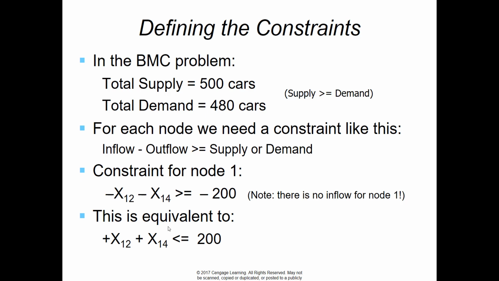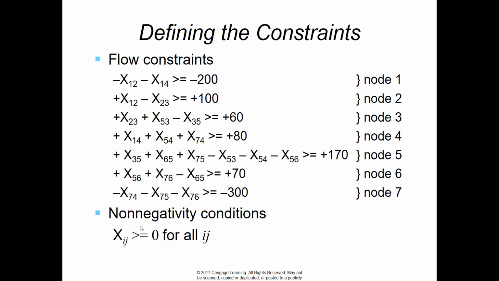So let's talk about one more node, node 2. In node 2, the inflow is x12 and the outflow is x23. So x12 minus x23 should be greater than or equal to 100. That's what we have here. Let's talk about node 5, which is a little more complex and has several arcs.